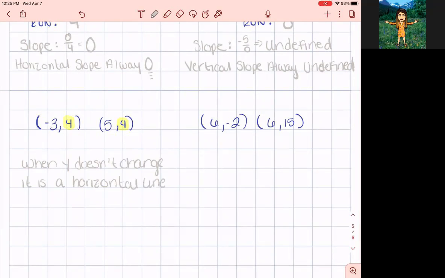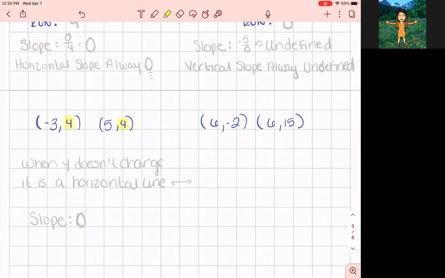So it doesn't change up and down. It's one of these ones. So the slope of this, we don't even have to graph or do any math because we saw that these y values were the same. The slope is going to be 0.